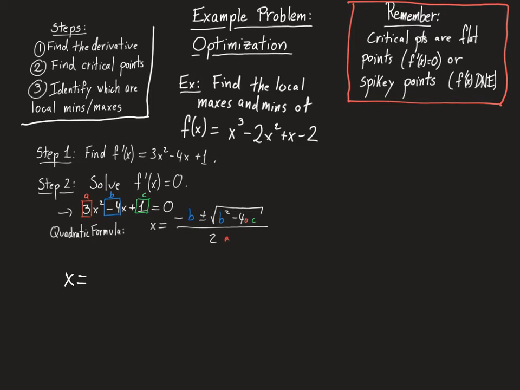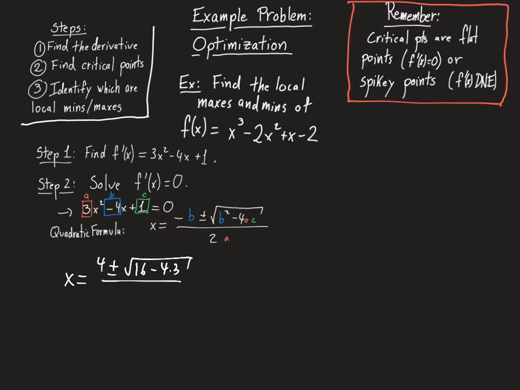So substituting everything in here, we see that b is equal to -4, therefore negative b is equal to 4. We have a plus or minus, then we have a square root. B squared is 16, minus 4ac is 4 times a 3. C is equal to 1, so this is 4 times 3.